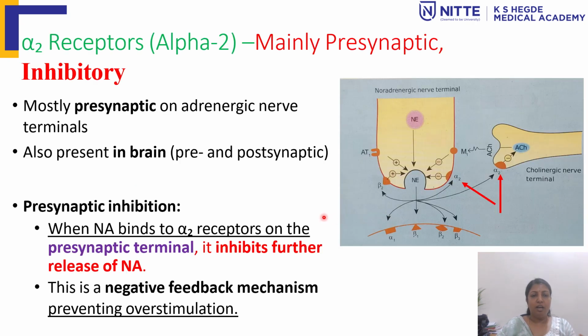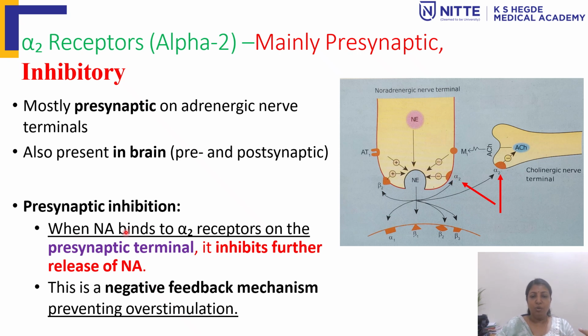Now coming to the alpha 2 receptors. They are mainly presynaptic. We saw alpha 1 is present postsynaptically, whereas alpha 2 is present presynaptically, on the adrenergic nerve ending. This alpha 2 is inhibitory.